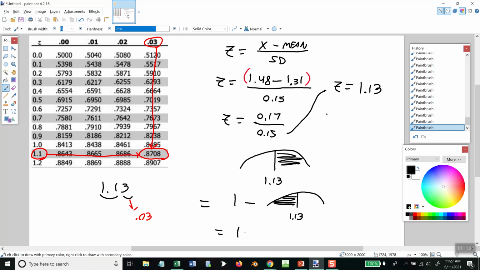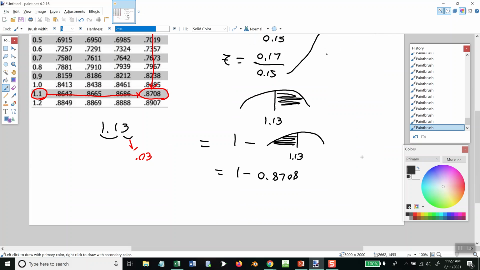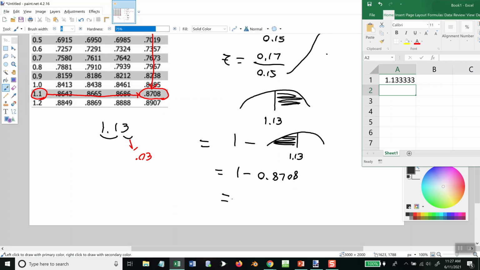So I'm going to have 1 minus 0.8708. I'm not very good with decimals. Equals 1 minus 0.8708, 0.1292.